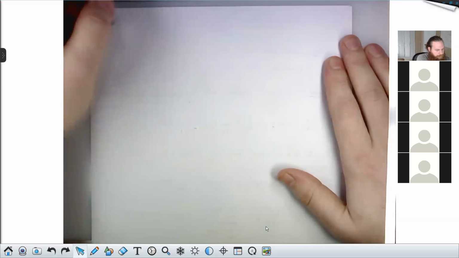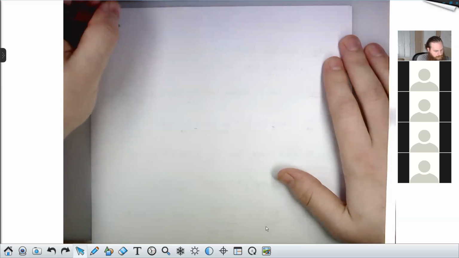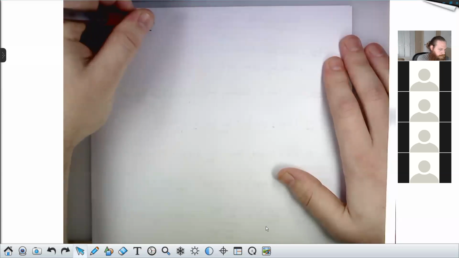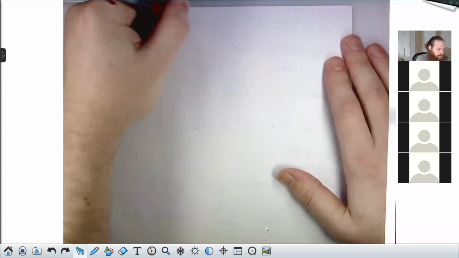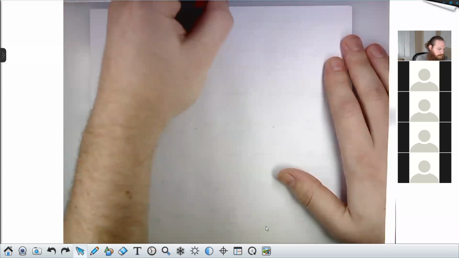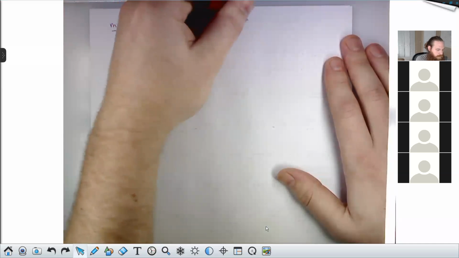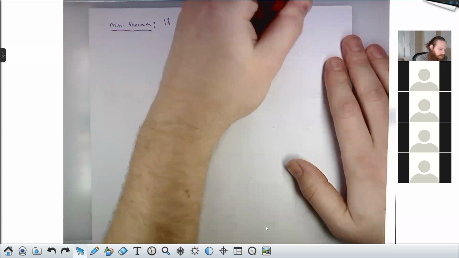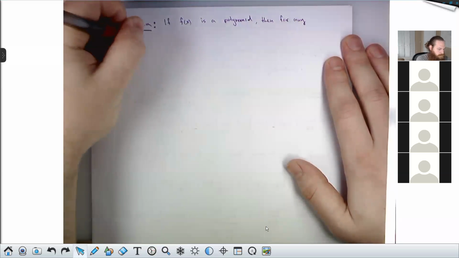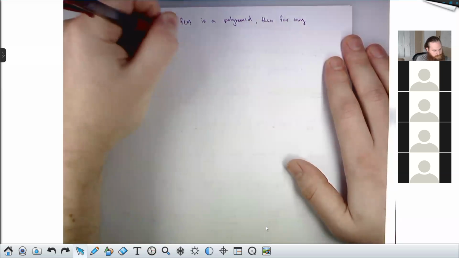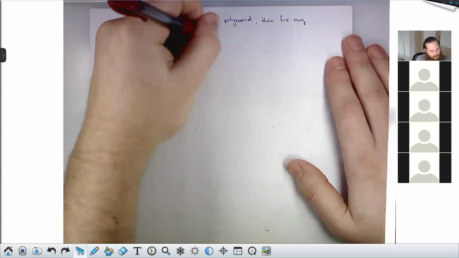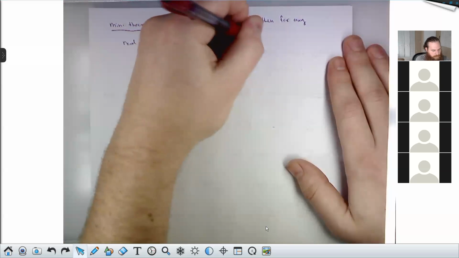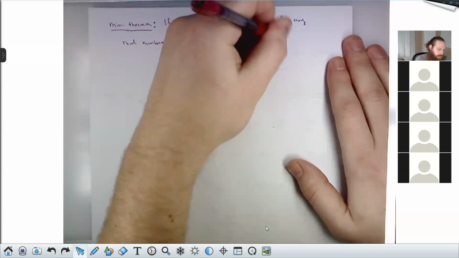Let's prove a little mini theorem. If f of x is a polynomial, then for any real number c, we have the limit as x approaches c of f of x is equal to f of c.